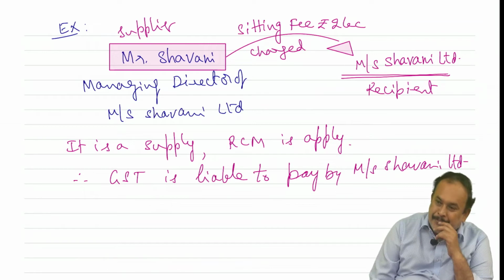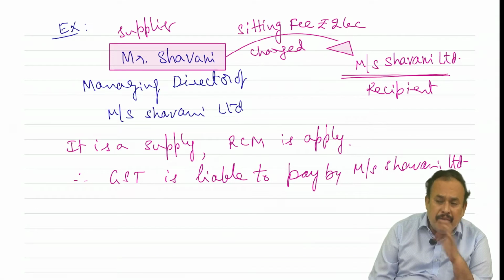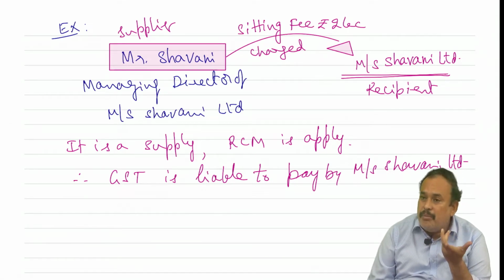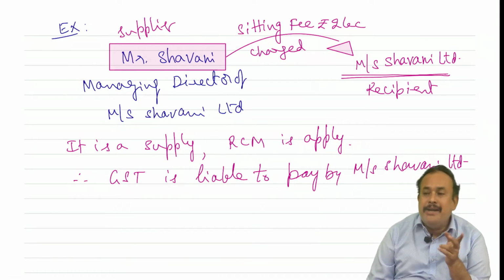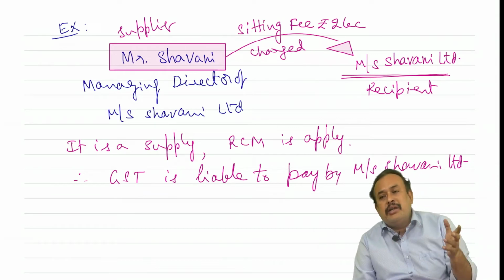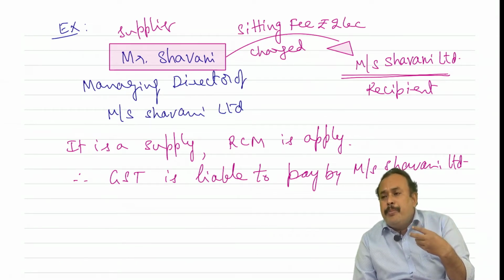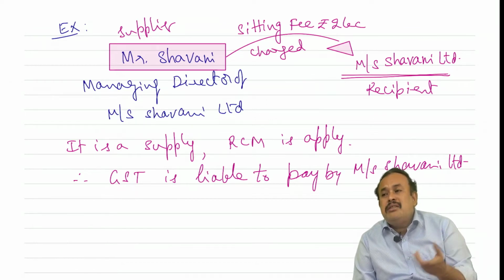So, if a director of the company provides these services in the course of employment, which is going to attract TDS under section 192 of the Income Tax Act 1961, then there is no question of liability of GST on such a transaction.